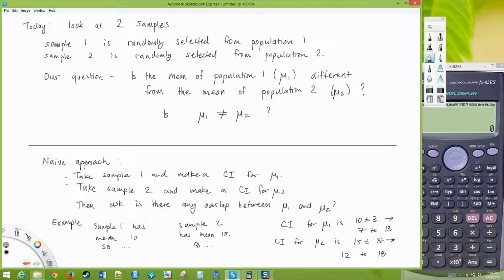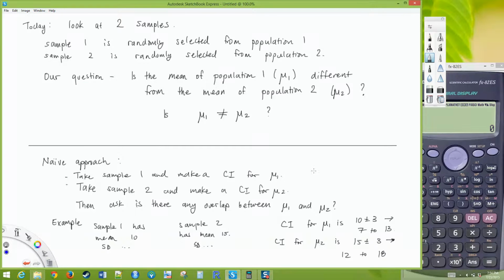But because we're taking this overly cautious approach, you get a little bit of overlap a lot of times, and if you just say if there's any overlap, I'm not ready to say they're different, then you're not going to conclude that they're different as often as you should be. Does that make sense?